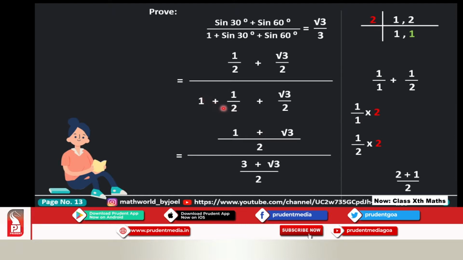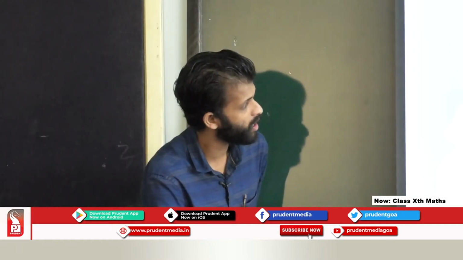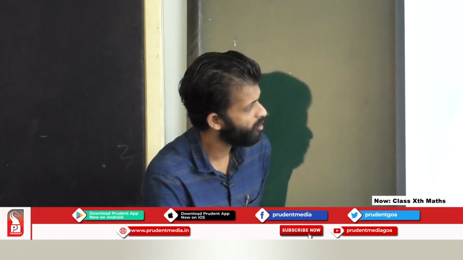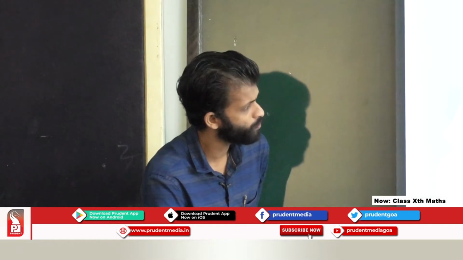So I know this doesn't make sense, but it will help you to remember. So 2 multiplied by 1 will be 2, and write the entire fraction as it is. So 2 multiplied by 1 will make it 2, plus 1 will be 3 upon 2. Okay, so that will be the answer over here. So instead of doing all these steps, I can directly understand from here it will become 3 upon 2.